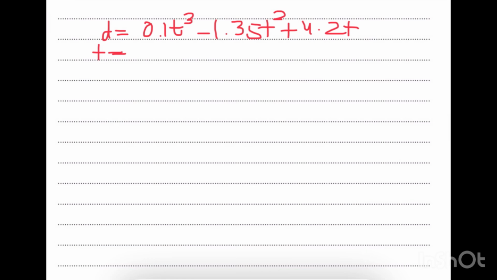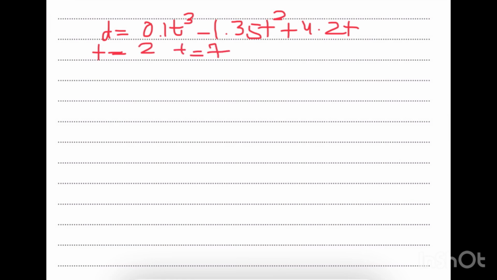So now we have the displacement formula, which is 0.1t cubed minus 1.35t squared plus 4.2t. Other than that, we have the times when particle P is at rest, which is when t is equal to 2 and t is equal to 7.